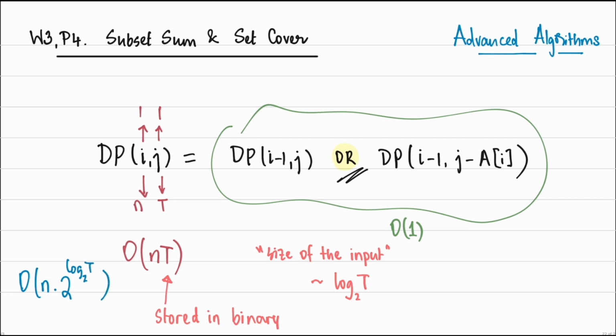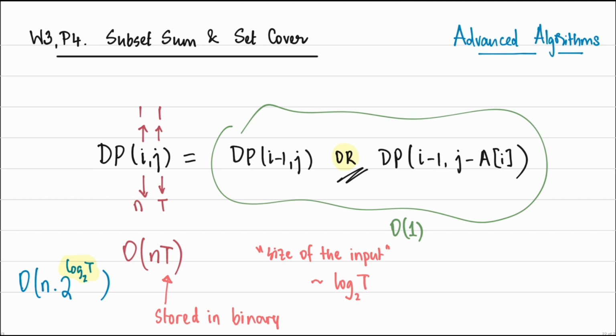Of course you might know that this is going to cancel and give you t, but the reason I'm writing it in this format is to make explicit what the running time looks like as a function of the input size. And as a function of the input size, this running time is exponential, right? So this is not a polynomial time algorithm.